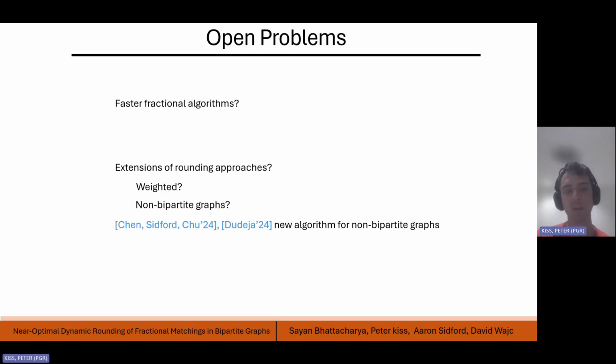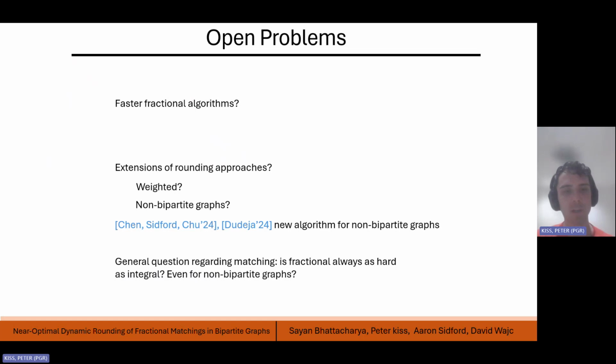Such algorithms exist, and very recently, I think at this conference itself, there have been algorithms for weighted and non-bipartite graphs. But as a general question, in different models, fractional appears to be as hard as integral. Is this something we can generally say, and can we even generally say it for non-bipartite graphs?